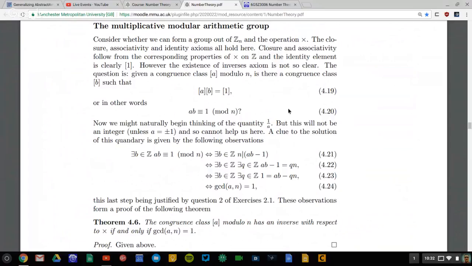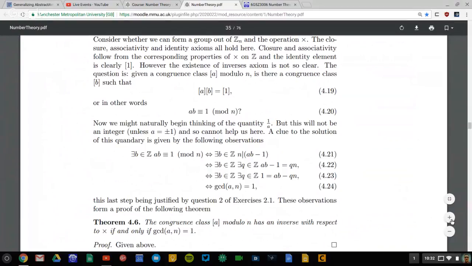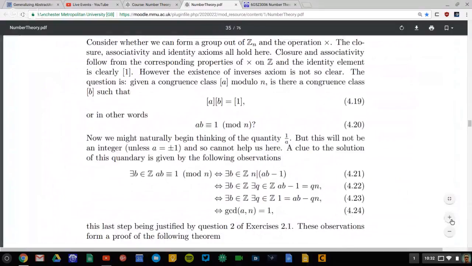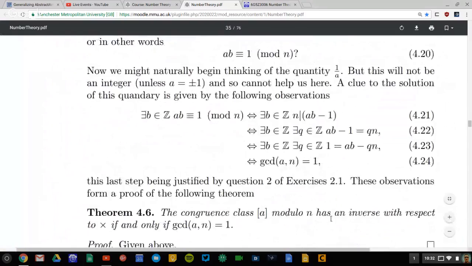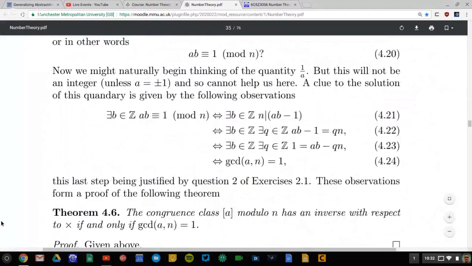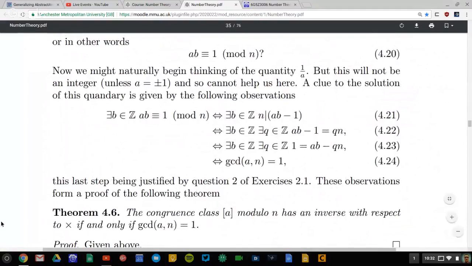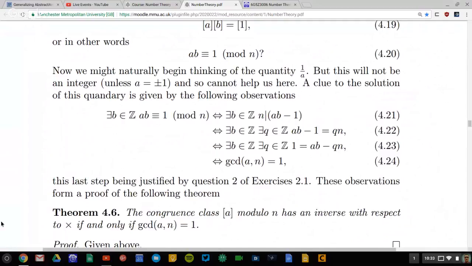We start examining this. So here's the statement that a has an inverse: there exists a b such that ab is congruent to 1 modulo n. We examine this in general using what we know about congruences. We just unravel the definition of congruence. That means there exists a b such that n divides the difference ab minus 1.